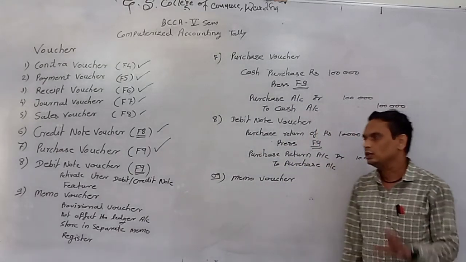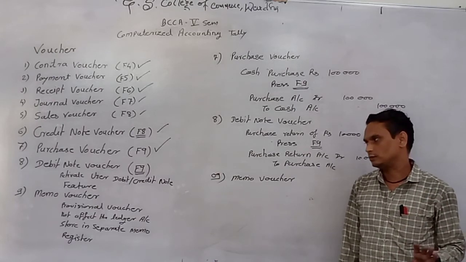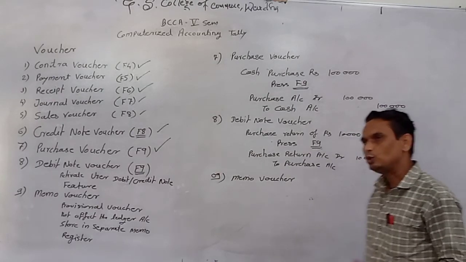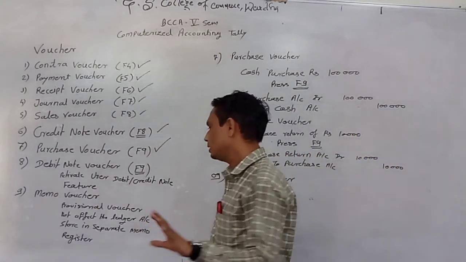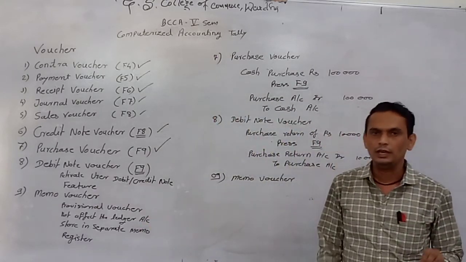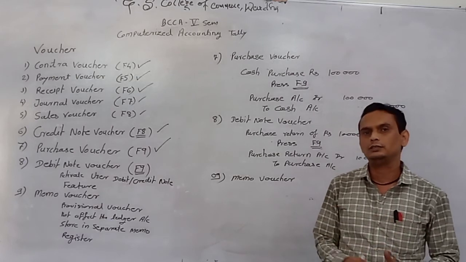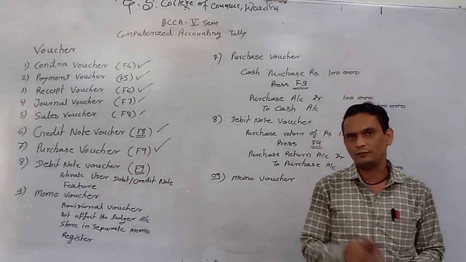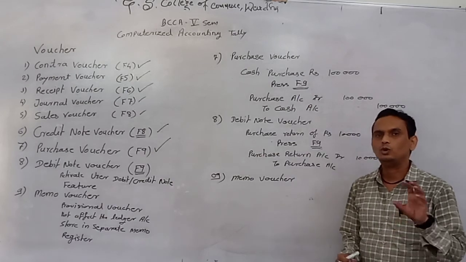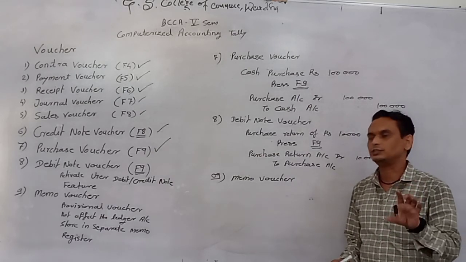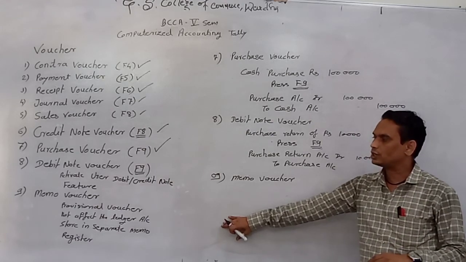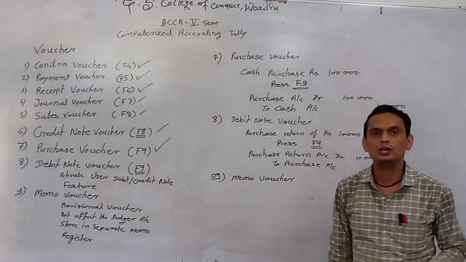So these are provisional vouchers. They cannot affect any ledger and are stored in a separate memo register. They never enter our company's balance sheet or profit and loss account. It only displays those transactions as a memo. So this memo voucher can be made for a provisional voucher.